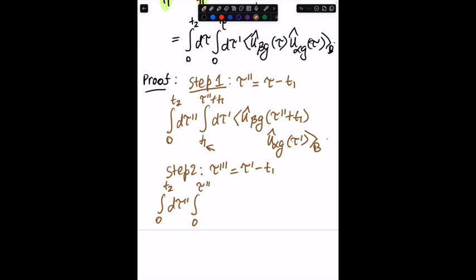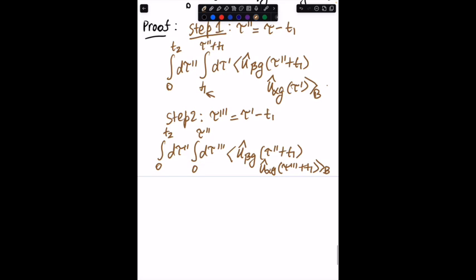You have d tau prime, and d tau triple prime is just equal to d tau prime, so that's why you can do that. And then you just have u hat beta g tau double prime plus t1, and u hat alpha g tau triple prime plus t1.